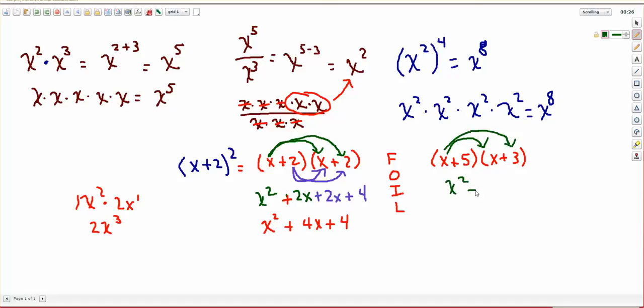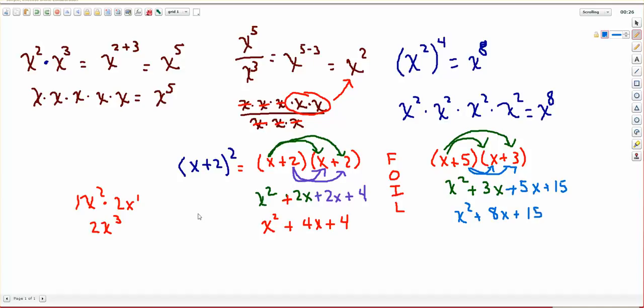X times 3 is 3x. 5 times x, that'd be 5x. And 5 times 3 is 15. So we have that 3x, we got that 5x, they can combine to be 8x. So I add those coefficients. Now coefficient is just a big fancy word for the numbers in front of the variables.